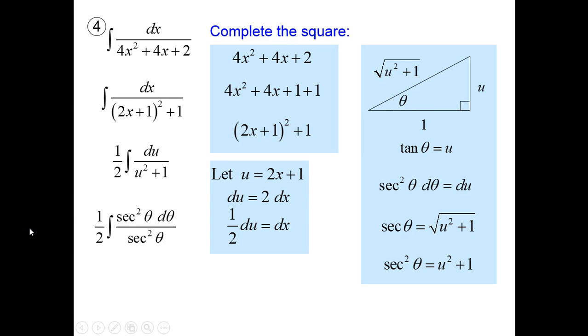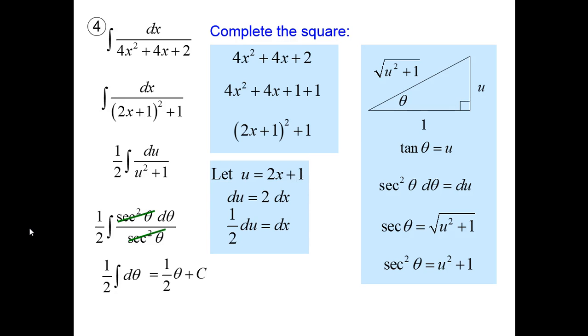So take a look at my new integrand. The numerator just becomes secant squared theta d theta, and the denominator becomes secant squared theta. So I'm just left with the integral of d theta times the 1/2 that we had earlier, and that's 1/2 theta plus c.